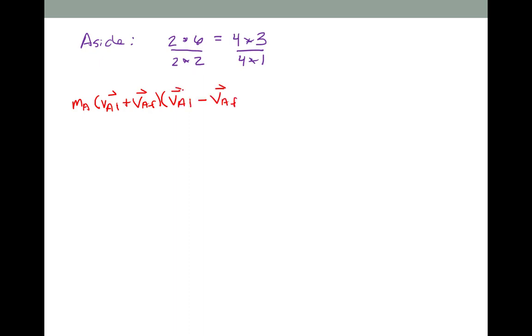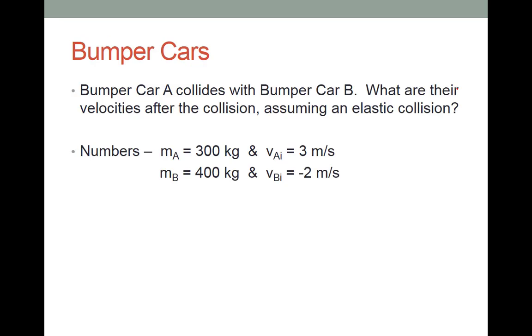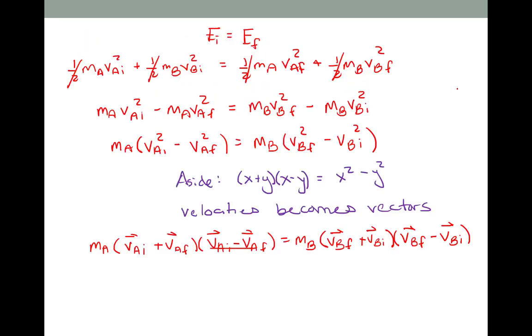Did I get that right? Yes. And that has to equal MB times VB final plus VB initial times VB final minus VB initial. Okay, that's just a restatement of this line here.